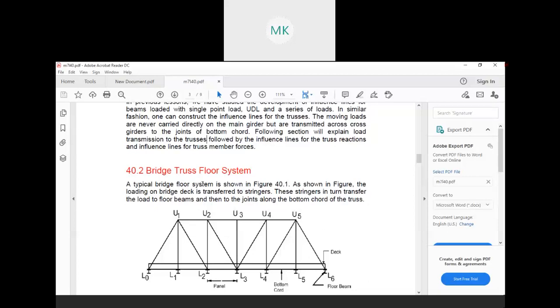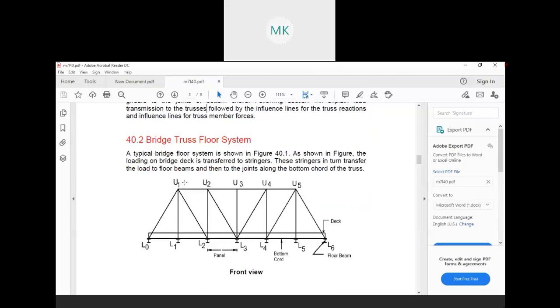If you do that, you can easily say in which member how much load is coming from the given loading. So the numerical we discussed already, all of you try to do by following the steps. Try to find out the load in all the members.